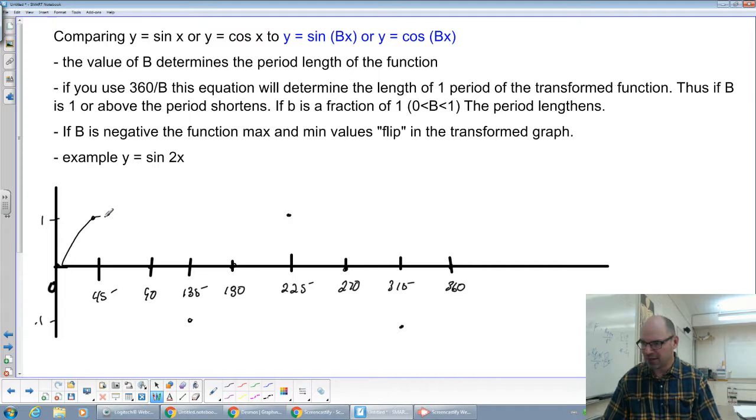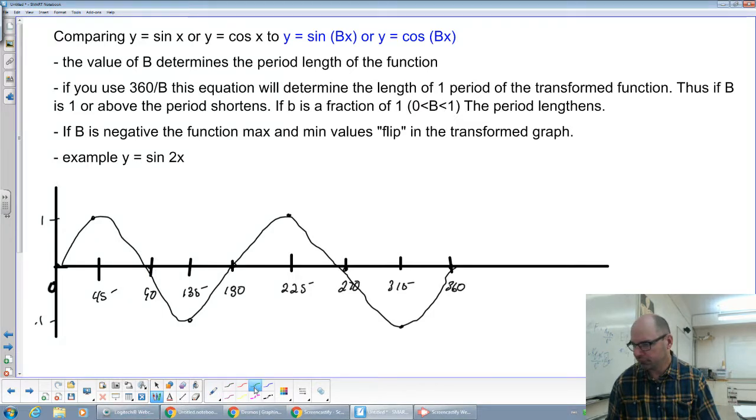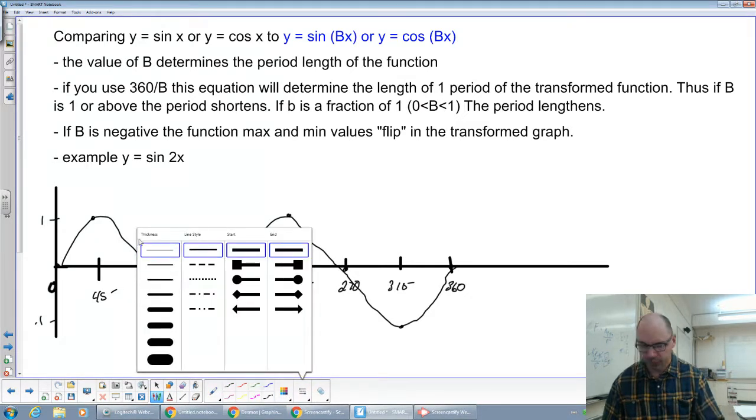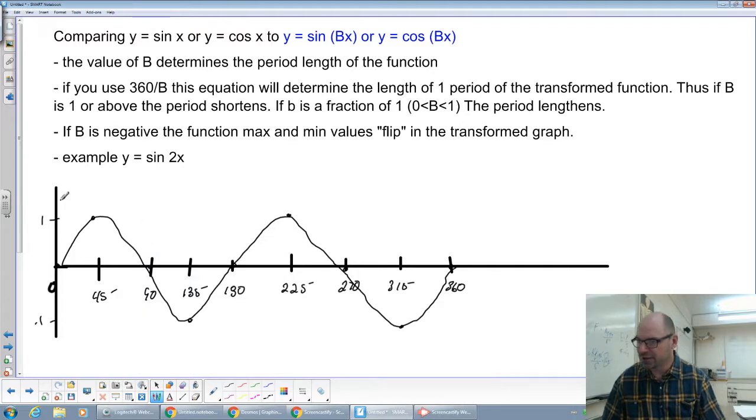So this is the example that we would have here. So we can see that we have 2 periods in 360 degrees. We can see that there's 1 period. Oh, went too far. Let's fix that there.